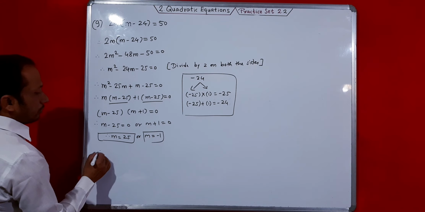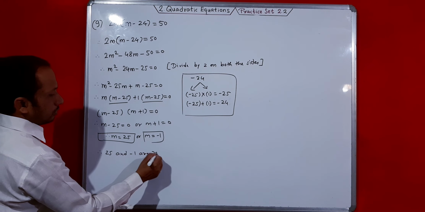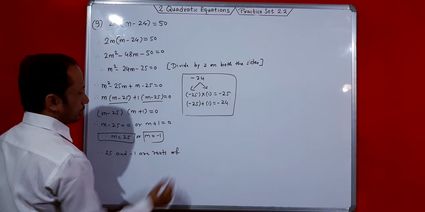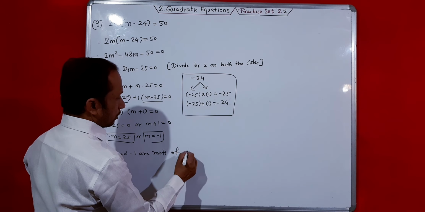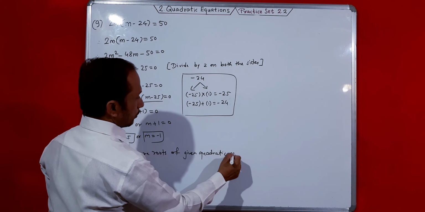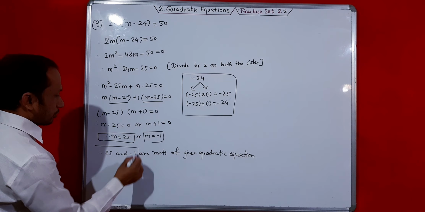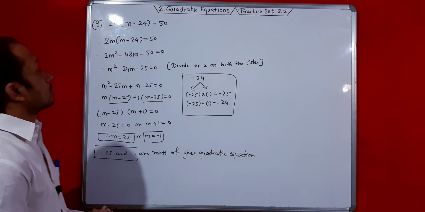So therefore 25 and minus 1 are the roots of the given quadratic equation. So you write like this. So this is your final solution. So in this way you have to solve this.